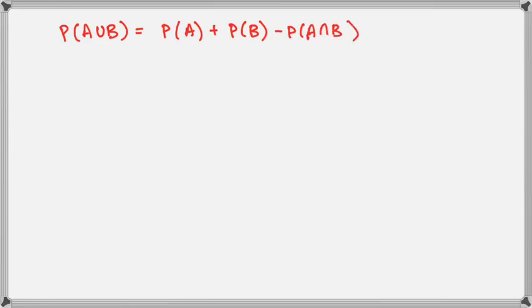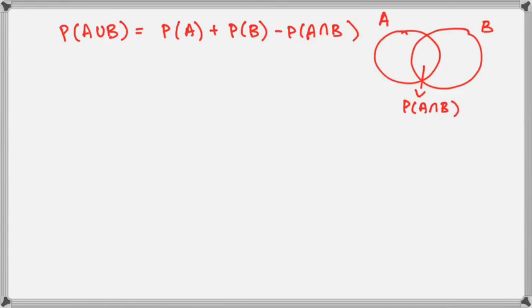Okay, I would like to elaborate on the general addition rule a little bit. So let's write out the general addition rule. Probability of event A union event B is equal to probability of A plus probability of event B minus probability of event A intersect B. So now if you draw the scenario, the Venn diagram from our previous example, those two events, event A and event B, are not mutually exclusive, meaning that they do have something in common.